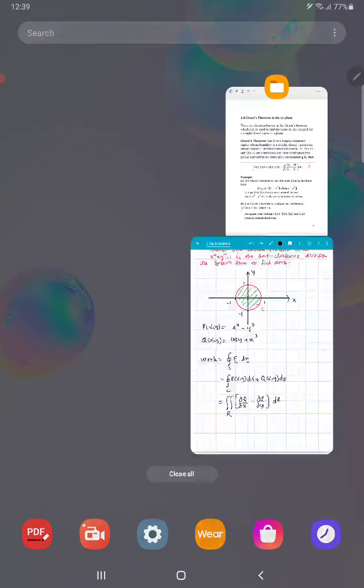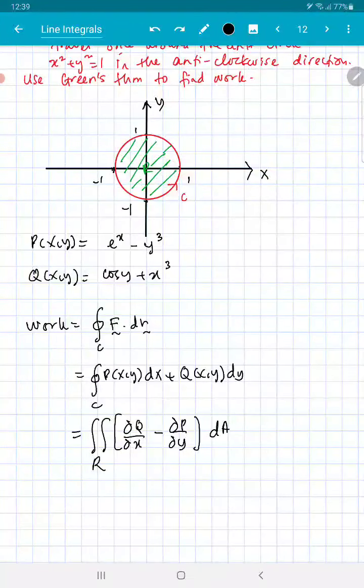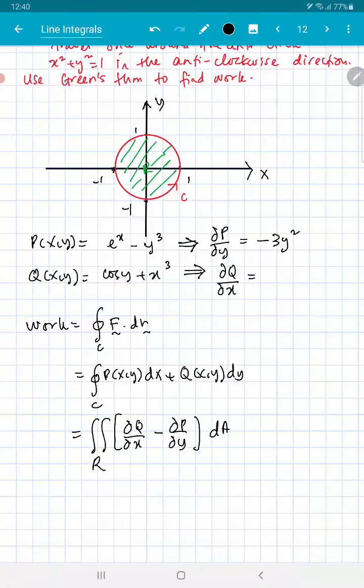Okay, so if P is e to the x minus y cubed, we need partial P partial y. So differentiate P with respect to y by holding x as a constant, so we have negative 3y squared. And if Q is cos y plus x cubed, we need partial Q partial x. So differentiate Q with respect to x, we get 3x squared.